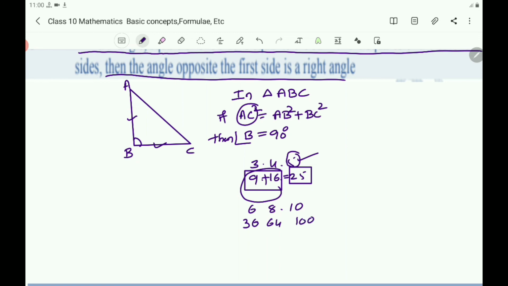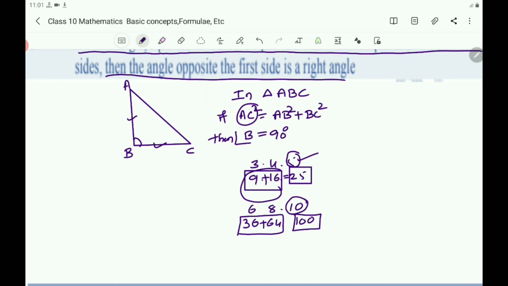So I told you that you must practice and you must know the squares of numbers. If you know the squares of numbers, you can choose the correct answer quickly. Now if you add these two, 36 plus 64 is equal to 100. So these three sides with these measurements form a right angle triangle.